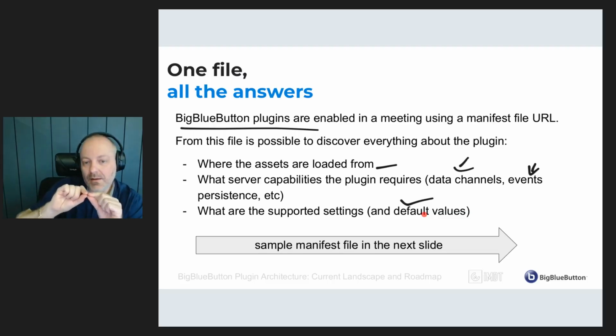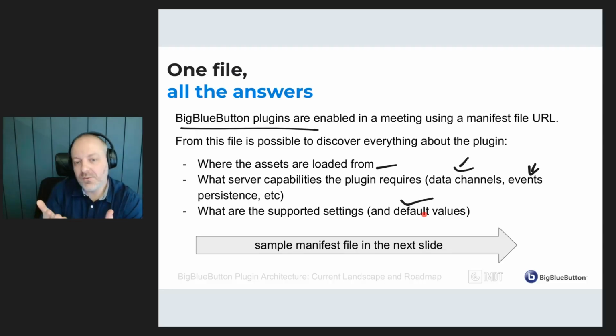This third-party application can download the manifest file and get the list of settings that the plugin accepts. And then you can customize from this third-party application the settings A, B, C of the plugin. So basically, in the manifest file, we allow the plugin to specify the list of properties that it allows, so the plugin can be customized from this third-party application.